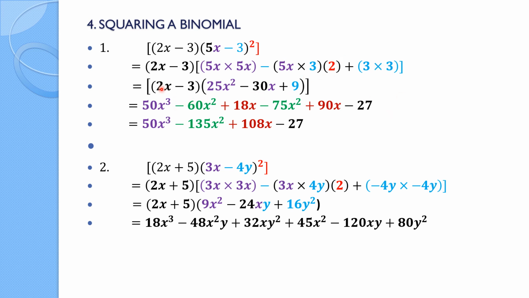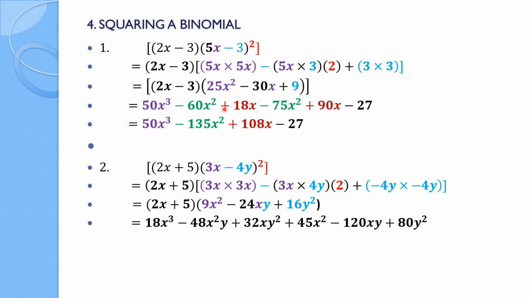Now I multiply, so 2x must be multiplied with all three terms. Minus 3 must be multiplied by all three terms. So 2 times 25, 50, x times x squared, x cubed. Positive times negative stays negative. 2 times 30 gives me 60.